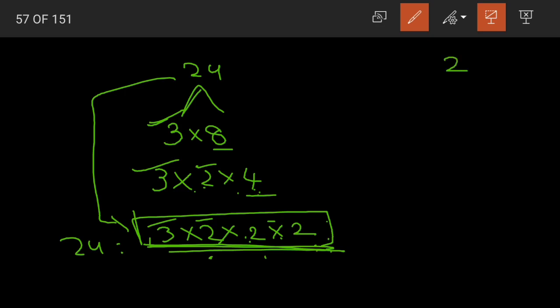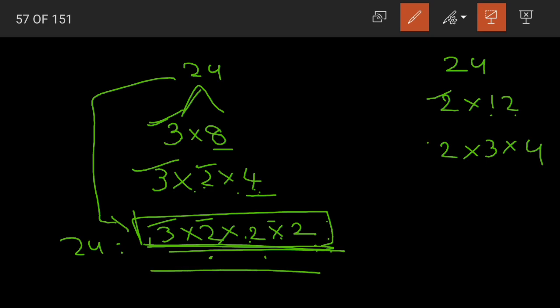Understood? Now the same 24, if you write it as 2 12s are 24. 2 is already a prime number, so let us keep it as it is. Next, 12 can be written as 2 6s are 12 or 3 4s are 12. Let us go for 3 4s. No matter what numbers you take, children, the final prime factorization will be the same.